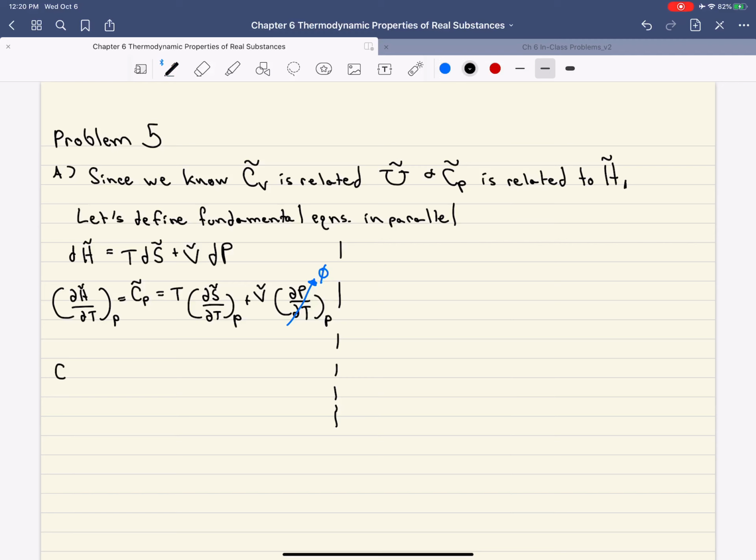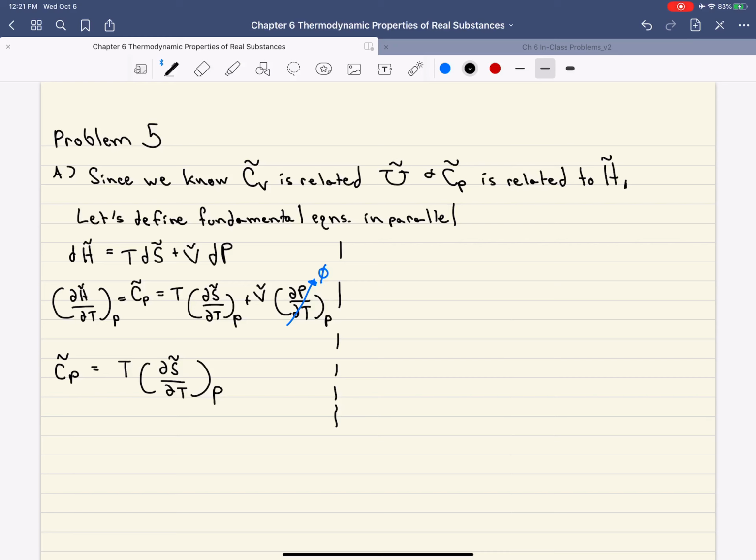And so our original definition of Cp that we always dealt with was this. But if we apply the calculus of thermodynamics, we now show that it's equal to this. So now we have defined Cp in terms of the partial derivative of entropy with respect to temperature at constant pressure. We did that with enthalpy.